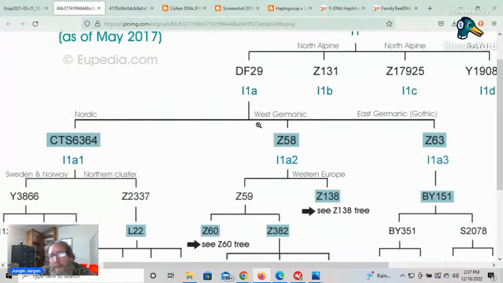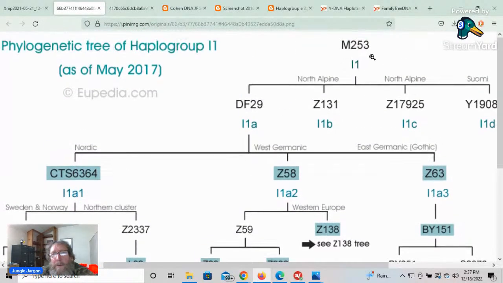That's the DF29, which I guess is the majority of the M253s. But then there's the I1A, I1B, and I1C. I'm the I1C. And then there's the I1D as well. But these appear to be North Alpine, I guess, from what it's saying, which is the Northern Alps.